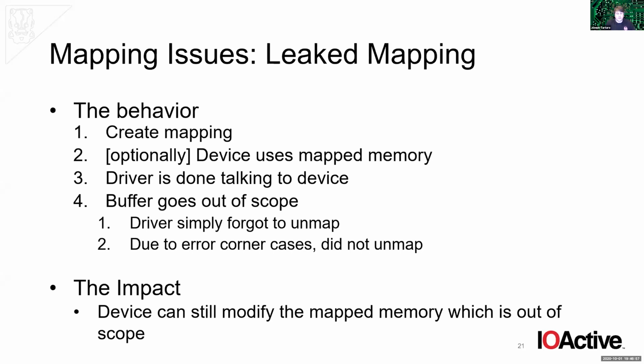This could be that the developer simply forgot and did not do the unmapping, or maybe there's some weird error corner case that led to the unmapping not happening. And like I said before, in those scenarios, the device could still be manipulating memory on those physical memory pages. So if an allocation eventually happens in the future, then you'll run into use after free scenarios.